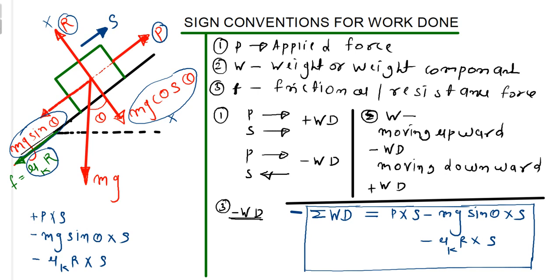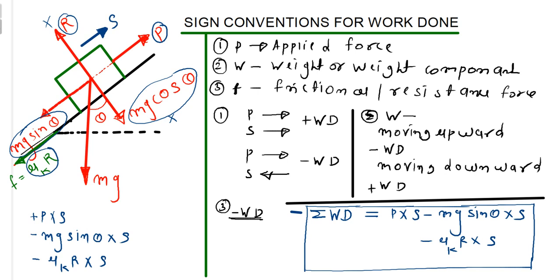When a body falls under gravity, displacement is downward and force is also downward, so work done is positive, meaning for weight or weight component, I have told you separately. Imagine a gas filled in a cylinder with a movable piston.